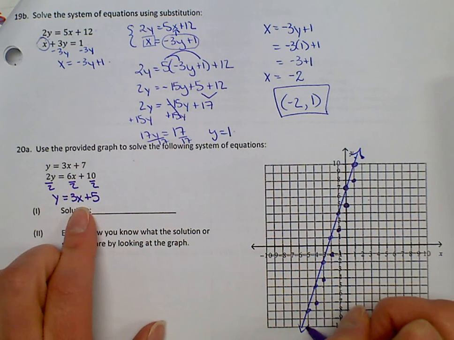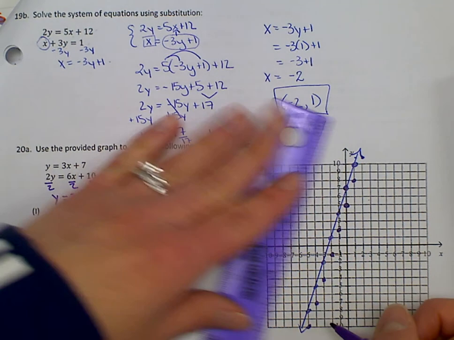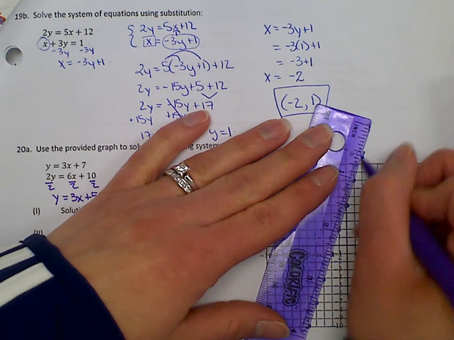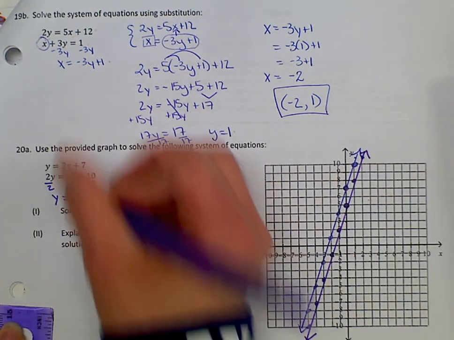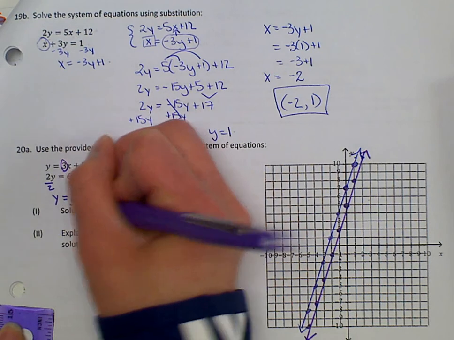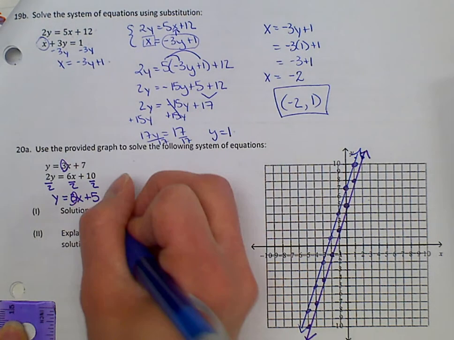And it looks like these two lines end up being parallel, which is actually true because they have the same slope. So there is no solution.